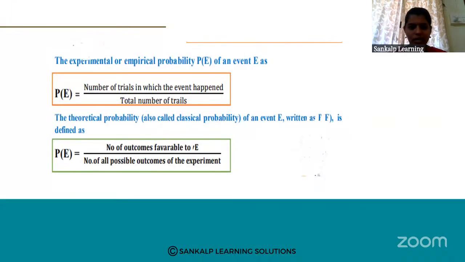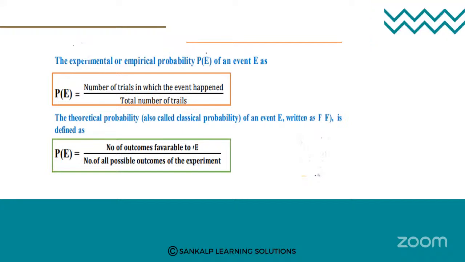This is very important. The experimental or empirical probability, P of E, of an event E. P of E means probability of event E, right? It is the number of trials in which the event happened divided by the total number of trials.